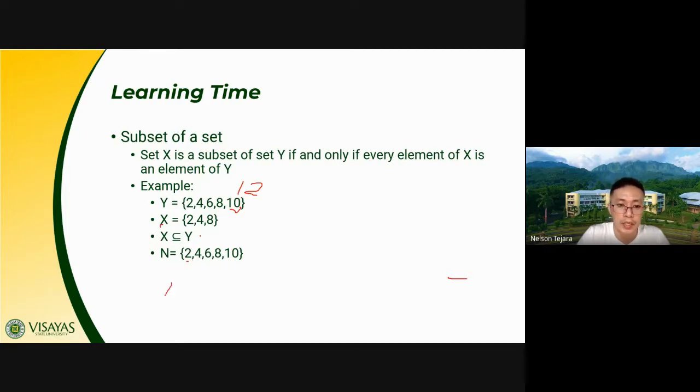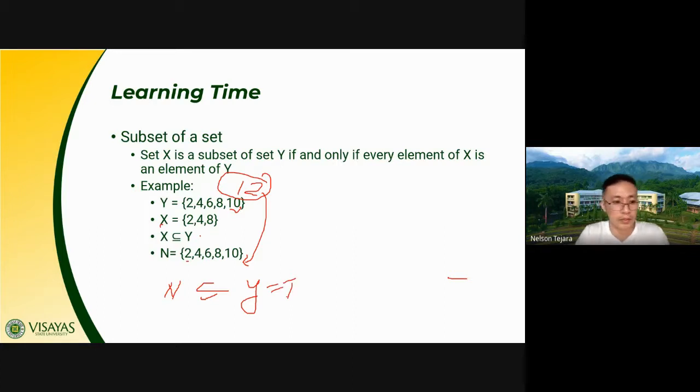Therefore, we can now safely say that set N is a proper subset of Y, because set Y contains at least one element not in set N. And this makes the statement true.